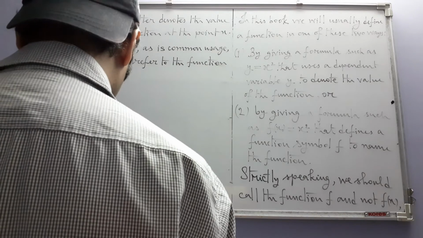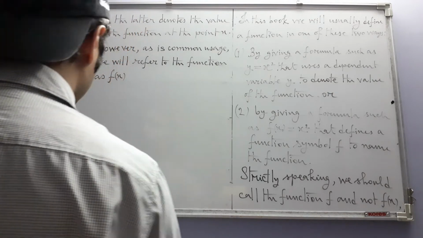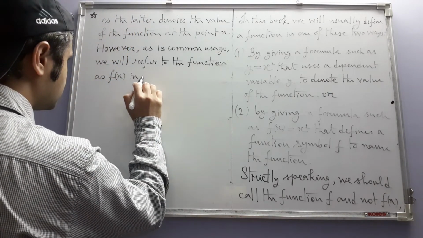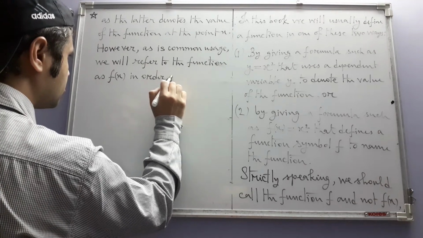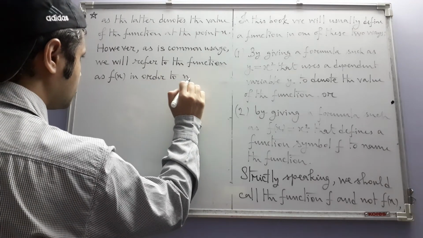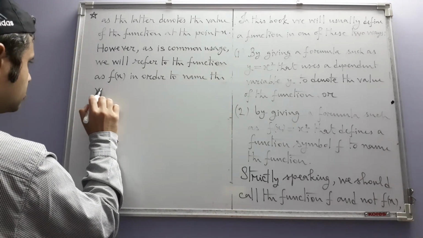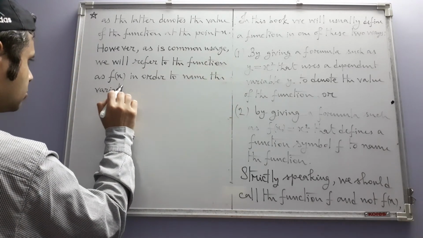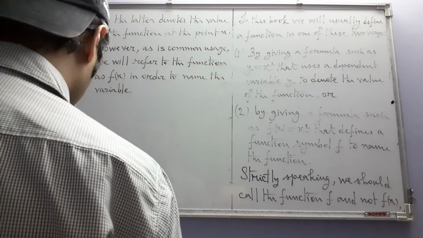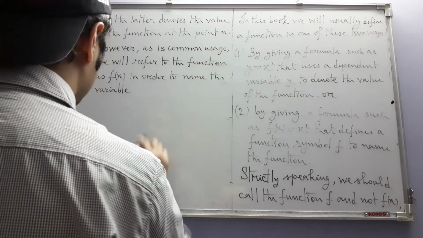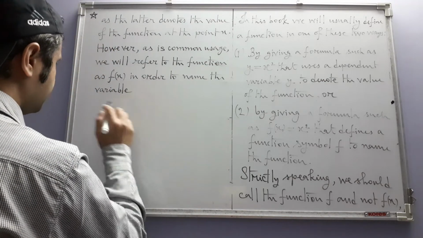Instead of strictly calling it f, we refer to it as f x in order to name the variable on which f depends, namely the independent variable.